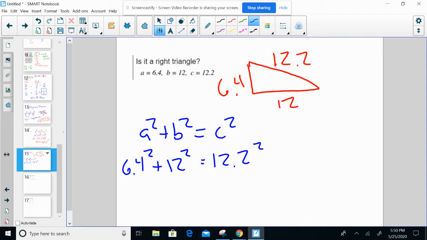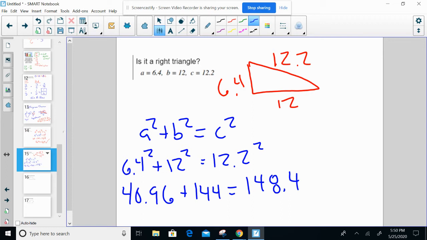But you're going to square everything. So 6.4 squared, or 6.4 times 6.4, is 40.96. We know 12 times 12 is 144. And then 12.2 times 12.2 is 148.84.